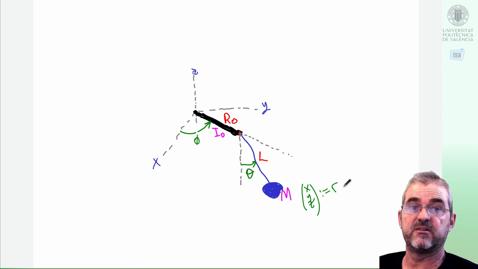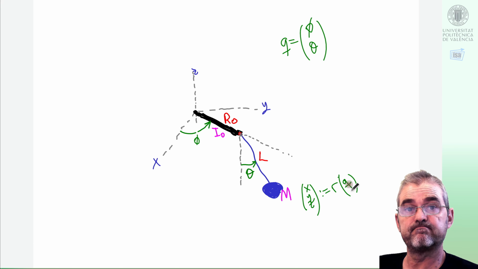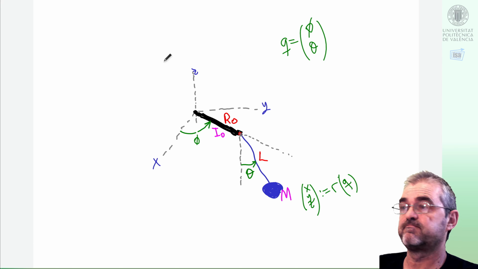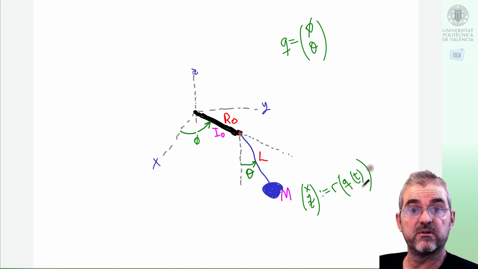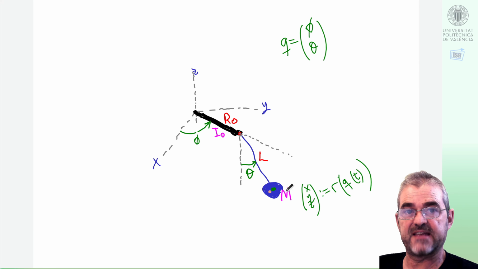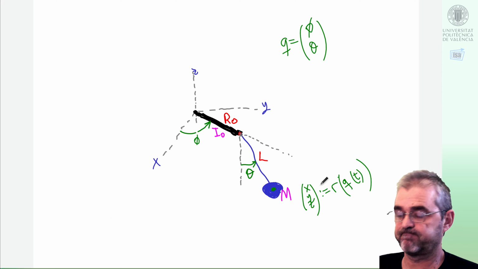And basically it will amount to applying the chain rule because, if I define the coordinate vector q with the angles phi and theta, then r is a function of q, and of course, as q is a function of time, this angle changes with time, then we'll need to apply the chain rule to obtain time derivatives of this suspended mass position. So let's delve into the details.